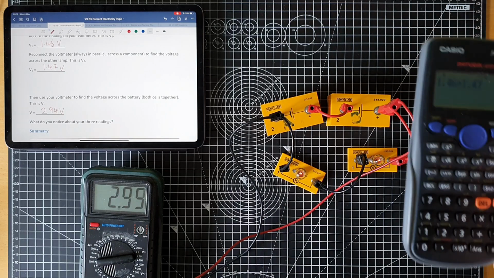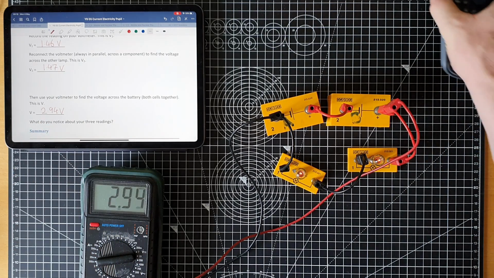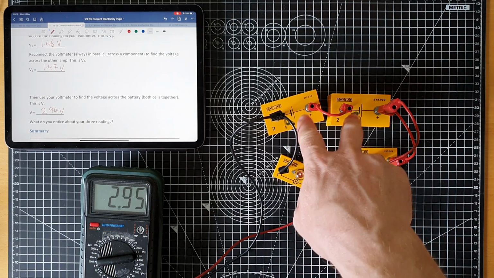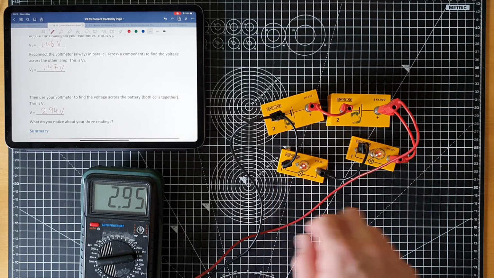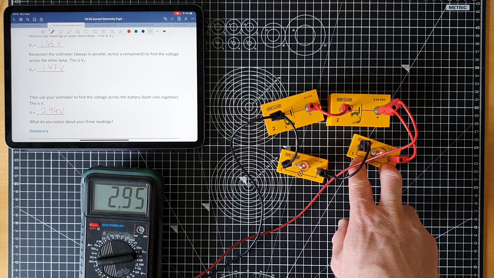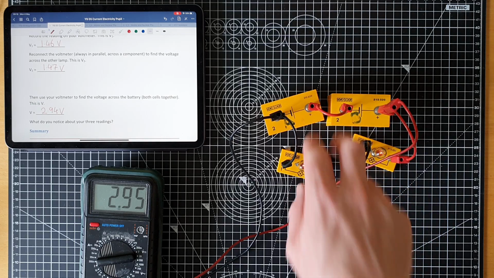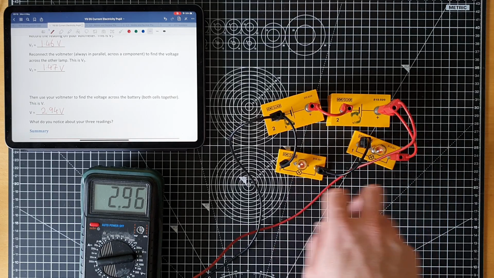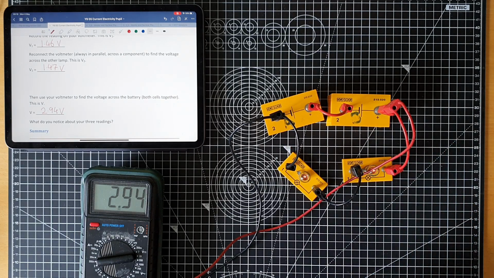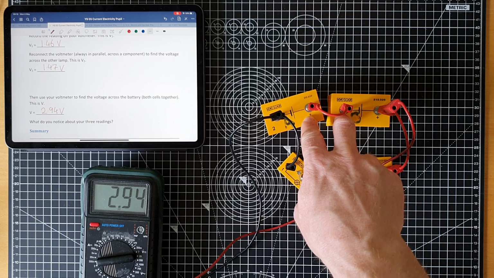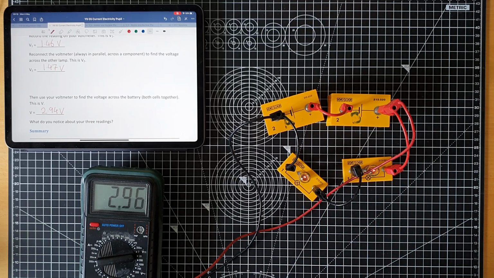So we can see that the 2.94, that was the voltage in. This took 1.46 volts. This took 1.47 volts. In other words, the total voltage in was shared pretty evenly by the two things coming out. So the total voltage in equals the total voltage out.